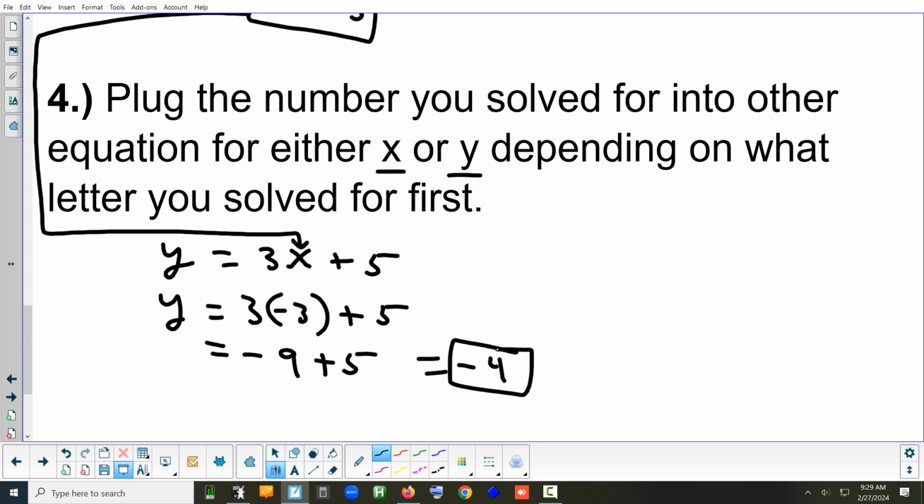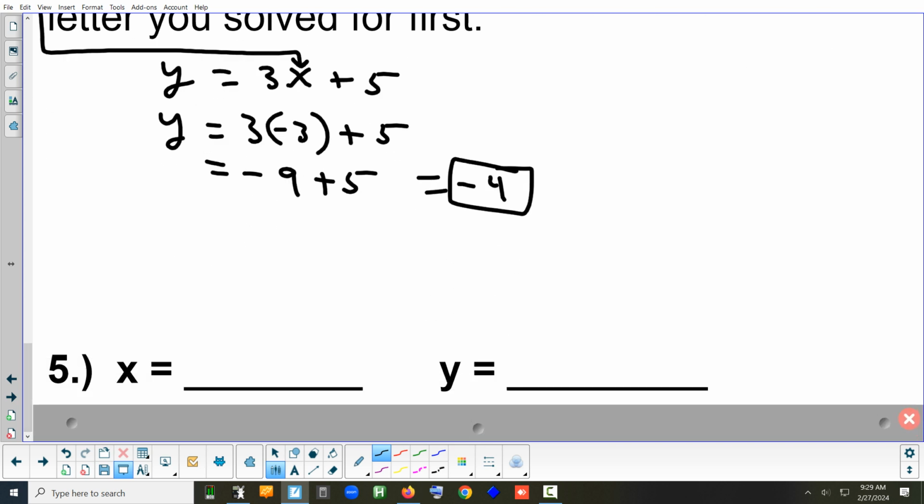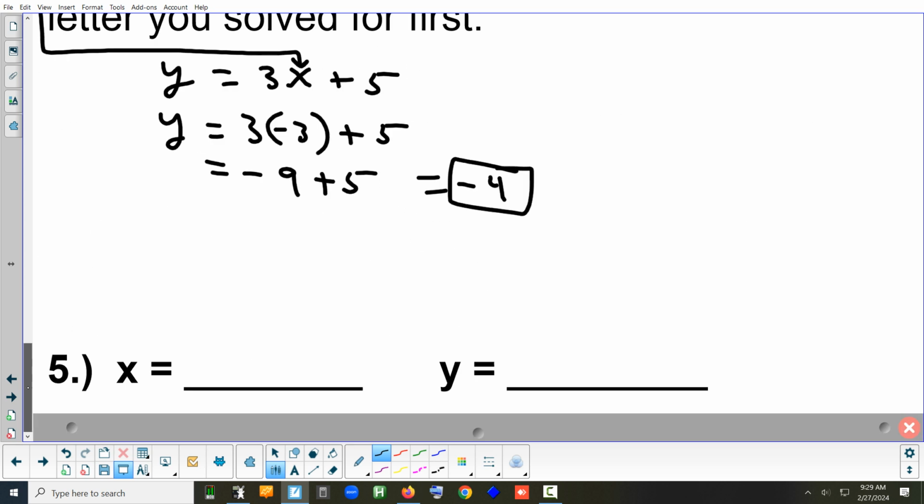And what did we just figure out? What letter is -4? Y. Perfect. So now, let's just write our final answer. x was -3, and y was -4. Now, yesterday we wrote that as a coordinate. If you want to write your answer this way, that's perfectly fine.